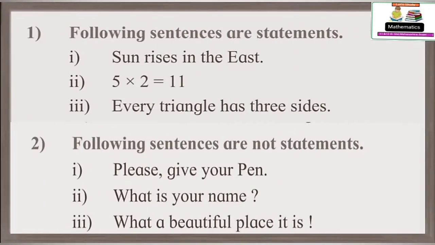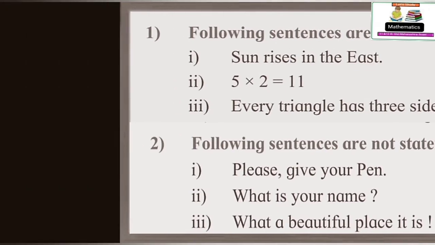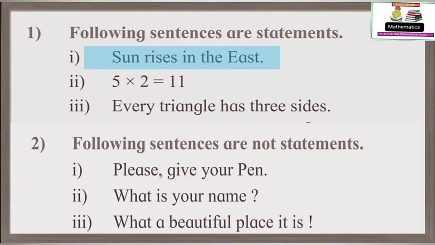Next, the following sentences are given; which are statements and which are not? See here, first, the sun rises in the east. It is a statement because we can say that this sentence is true. Second example, 5 into 2 is equal to 11.